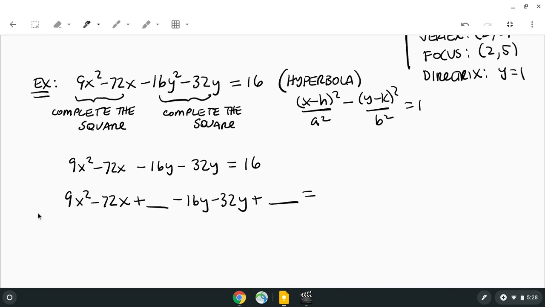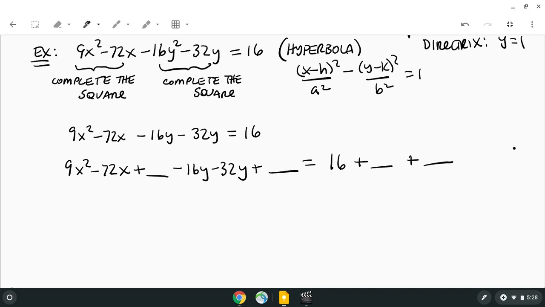And remember, I'll be adding two things, something here and something here. Whatever I add on that side, I have to add on this side.